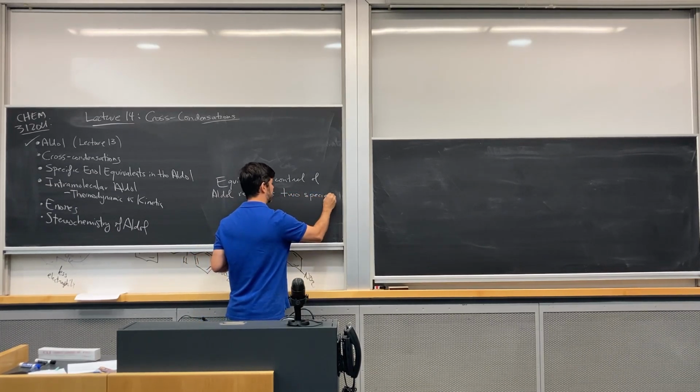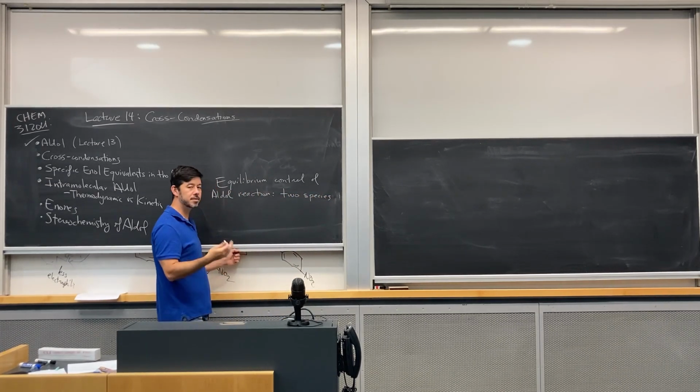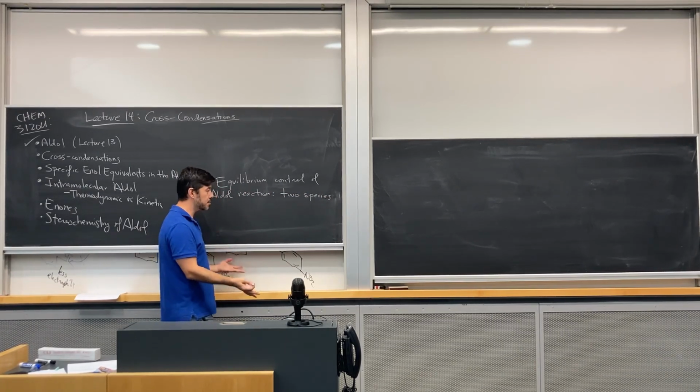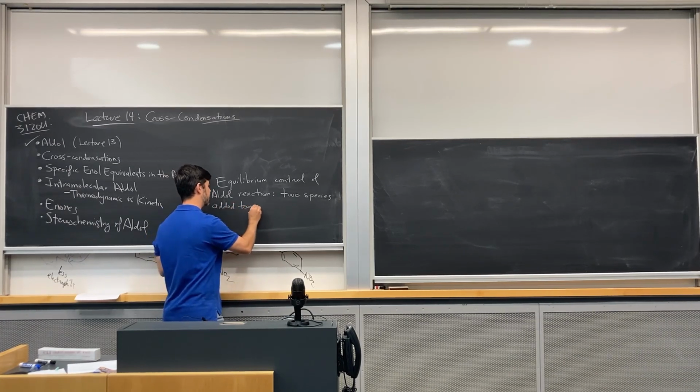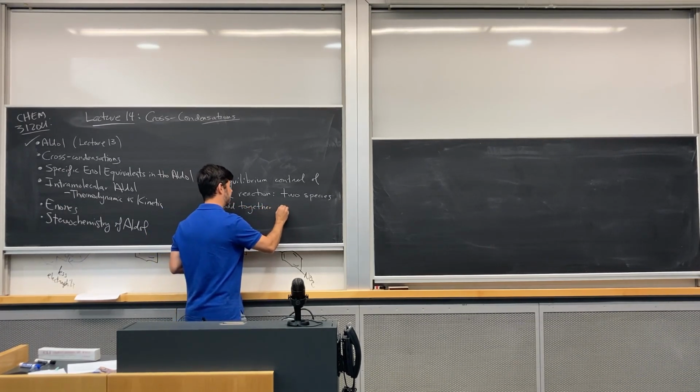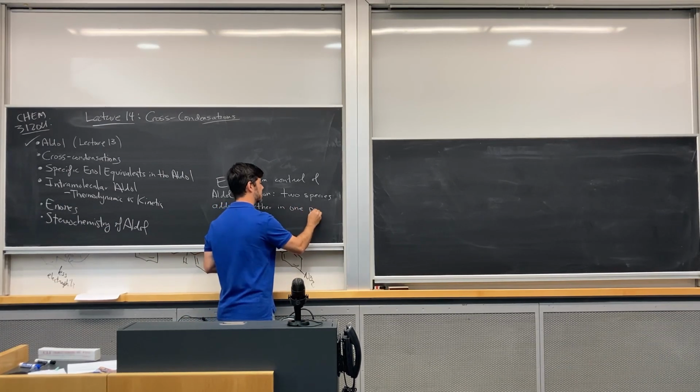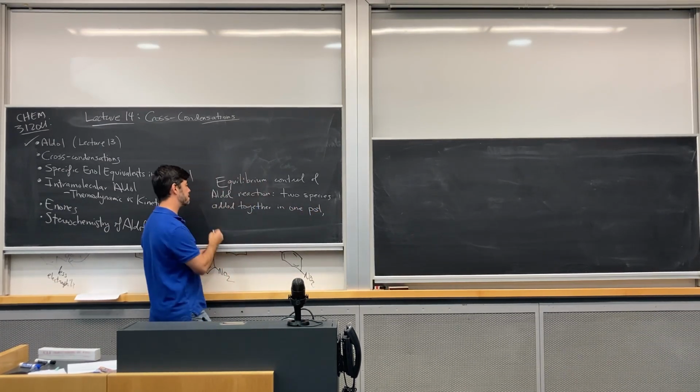So the two species, so in this case aldehyde and aldehyde, or aldehyde and ketone, ester and aldehyde, you just add those two together in one pot simultaneously.